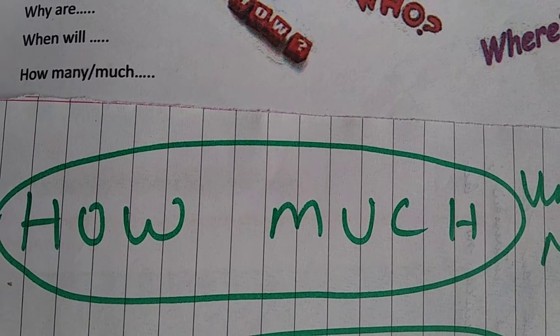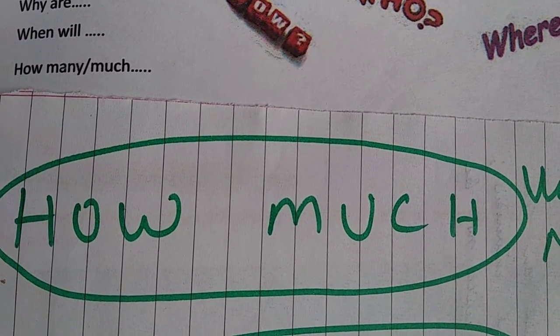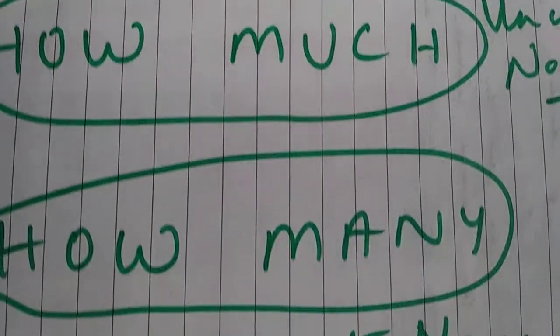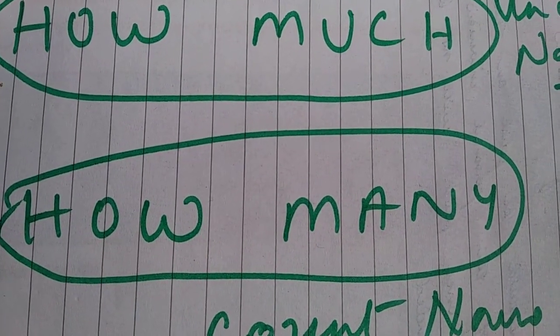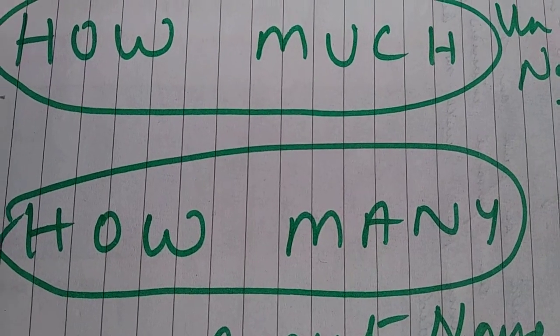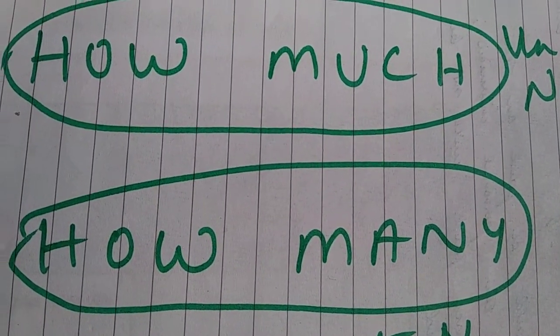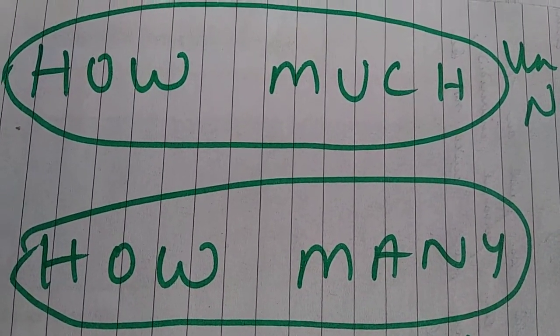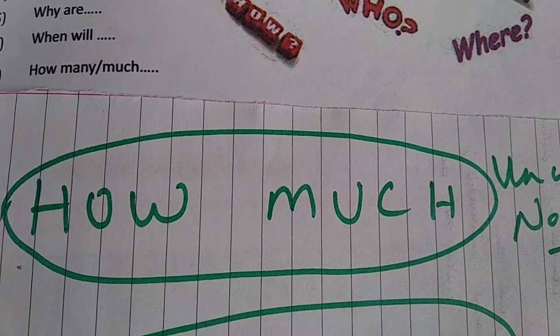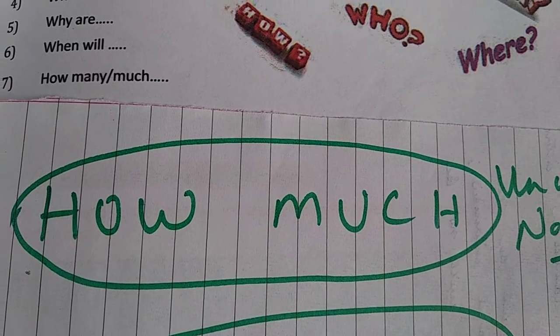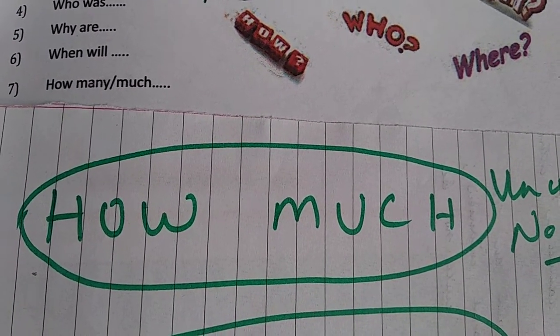How much oil do you need? You don't say how many oil. But how many girls are there in your class? You can count the number of girls in your class and give the answer. And so it becomes a question word. So, how much oil do you need? I need some oil. A little oil. You get an answer.